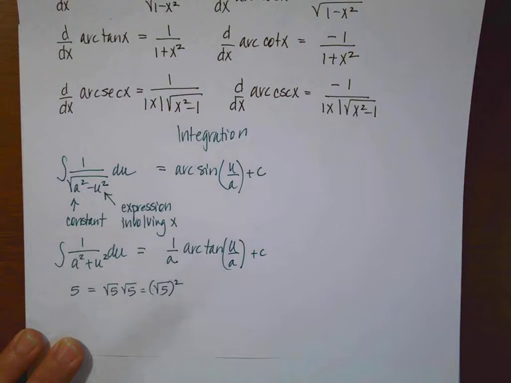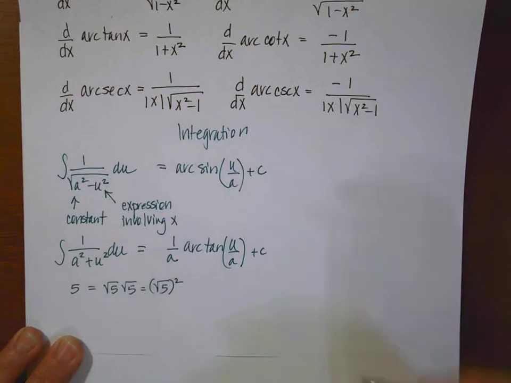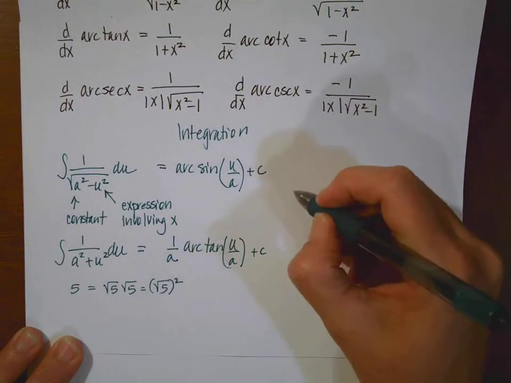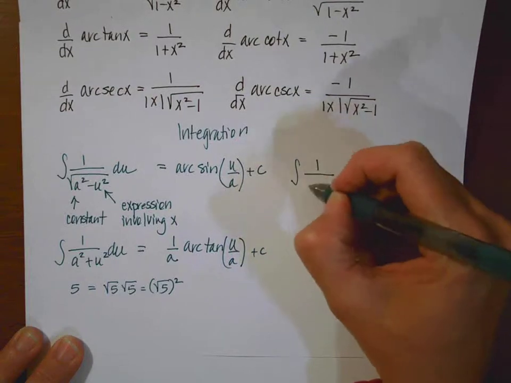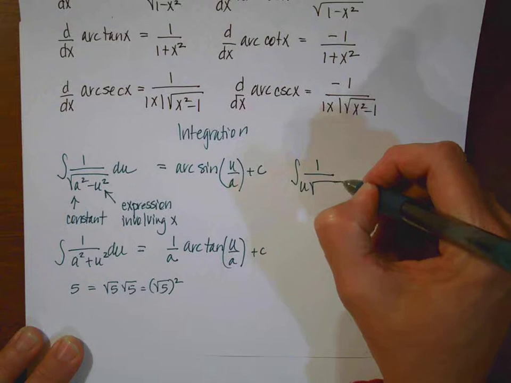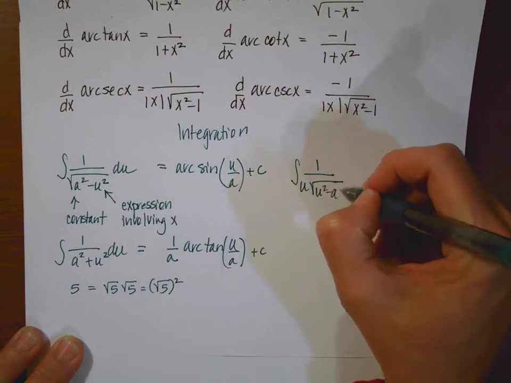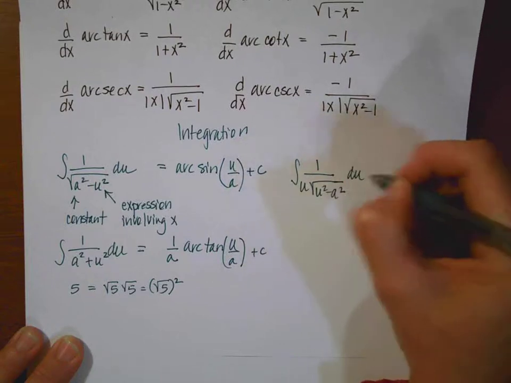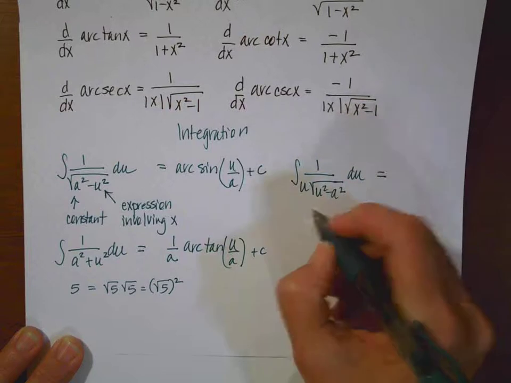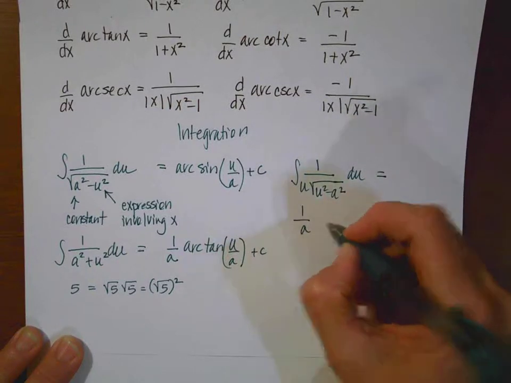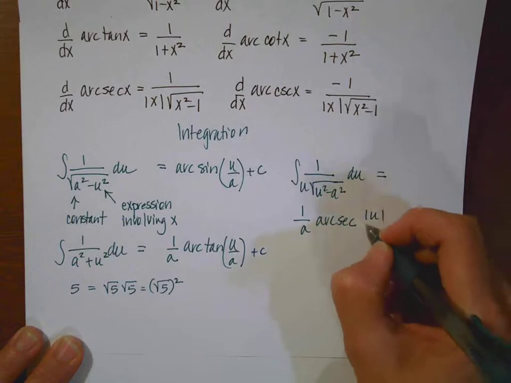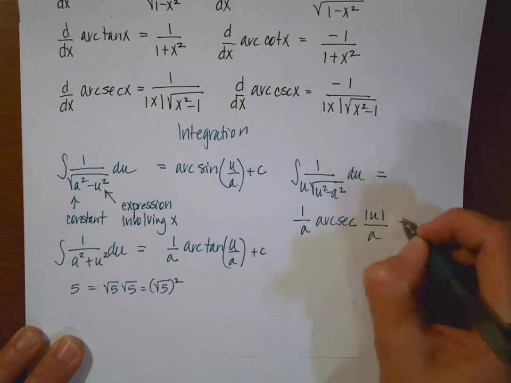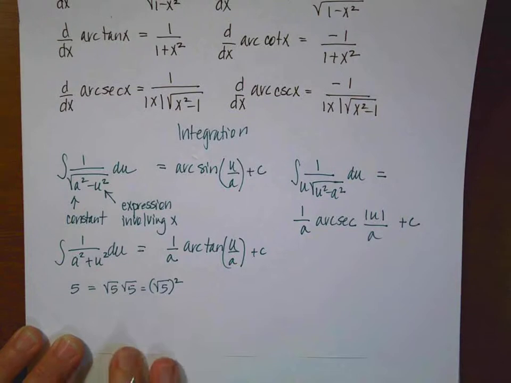I guess it would be polite to put parentheses around those. And then the last one would be the integral of 1 over u times the square root of u squared minus a squared du, and this is going to equal 1 over a times the arc secant of the absolute value of u over a plus c.